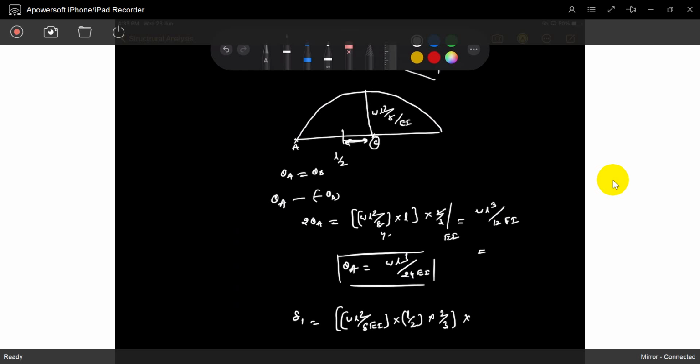And what is the distance here? What is the centroidal distance?